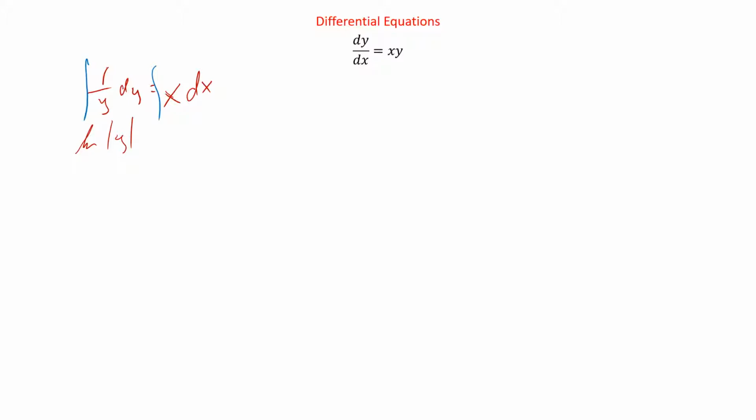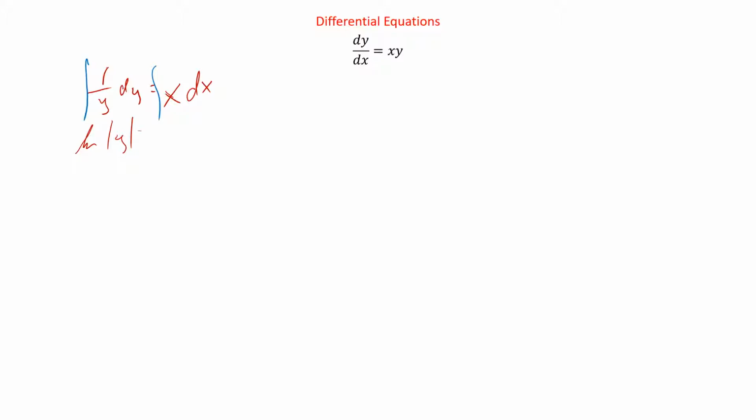Whenever you get natural log, you want to have the absolute values because whatever's inside the natural log needs to be positive. Now we're going to lose the absolute values here in a step or so because we'll see that this will always be positive anyway, so they really don't make all that much of a difference here, but it's good practice to have those.